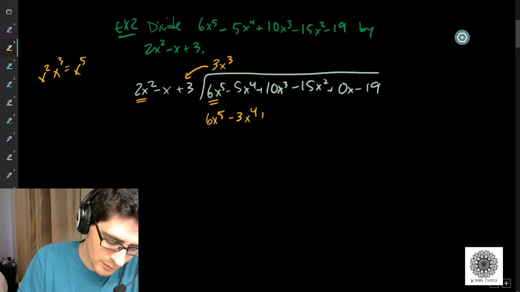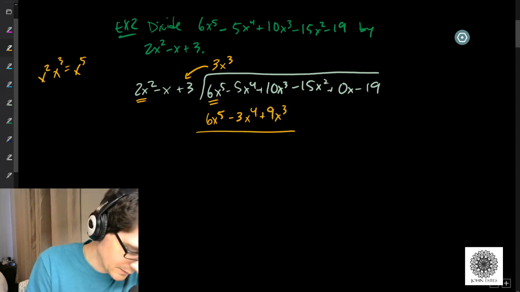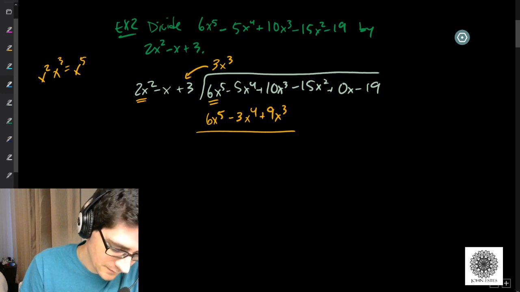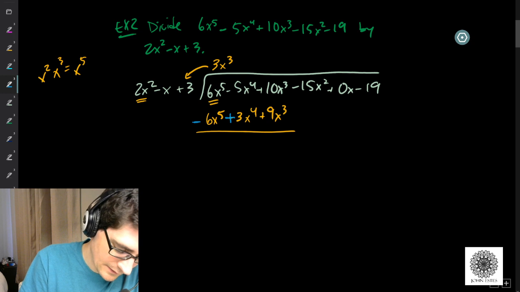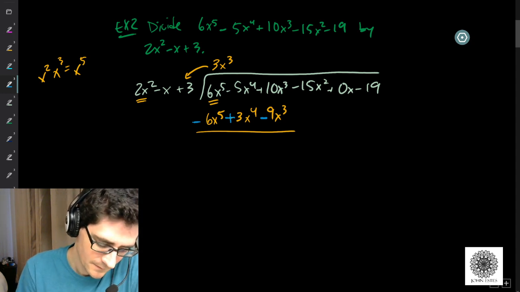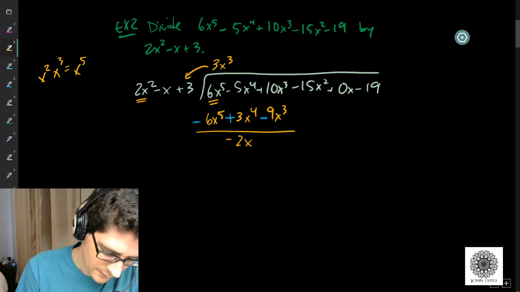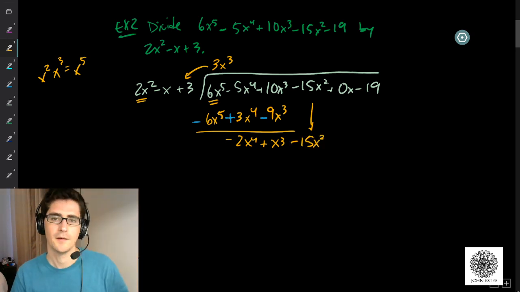And then I have plus 9x cubed, like that. And I'm subtracting, so I'm going to go ahead and flip all my signs. That's minus, plus, and minus. Add them together. I get 0x to the 5th, negative 2x to the 4th, plus x cubed. Bring it down, negative 15x squared, like that.